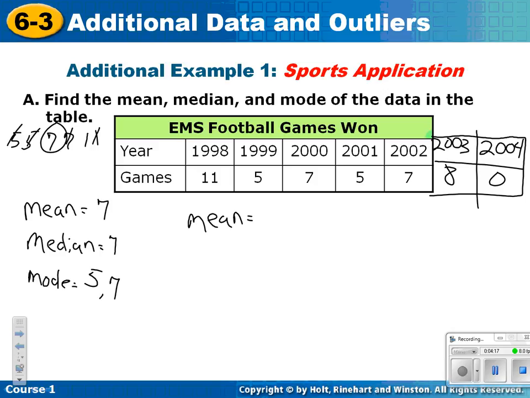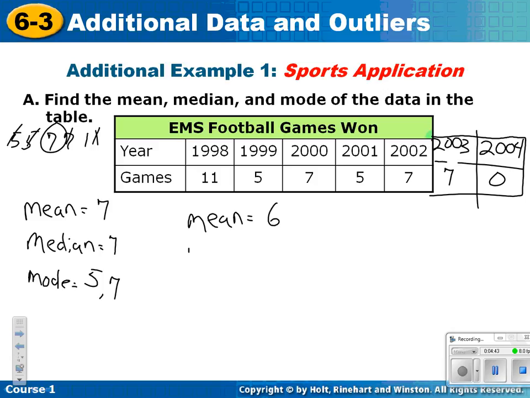Which is what? 6. I'm going to change this just to make it easier. So the mean is 6 now, right?